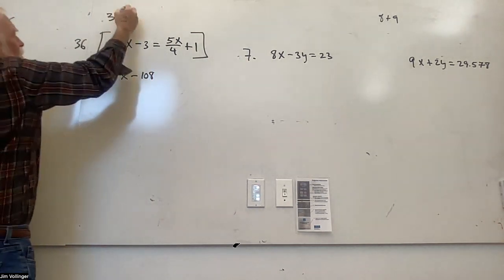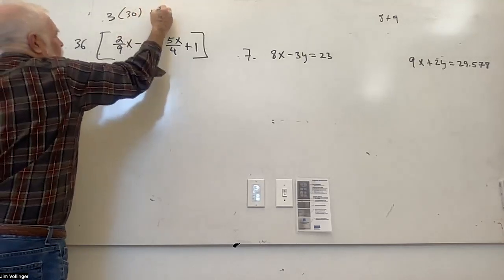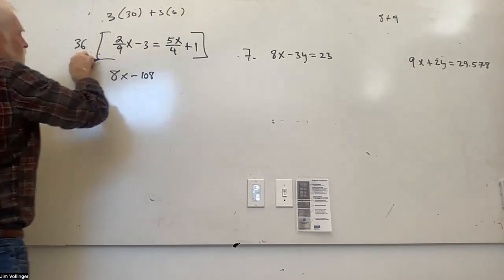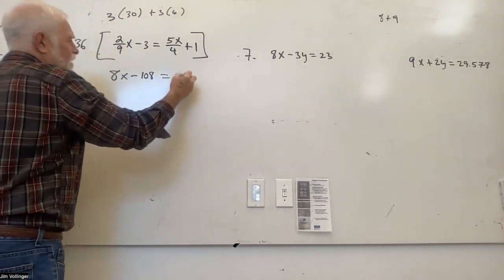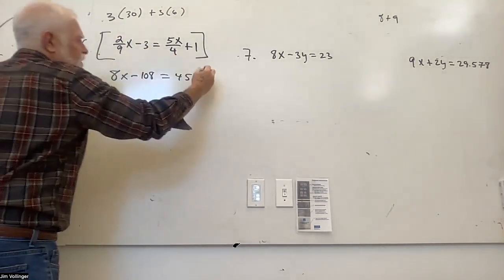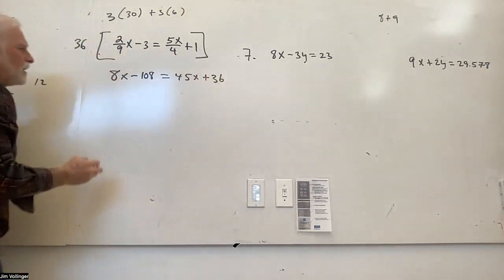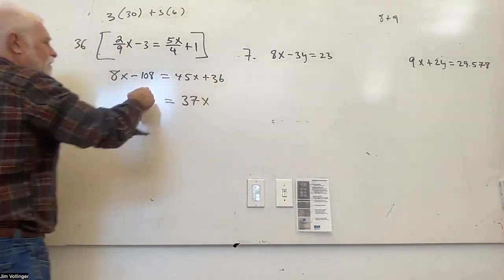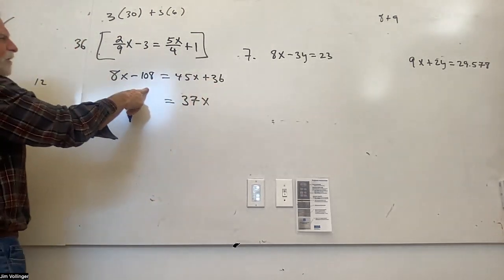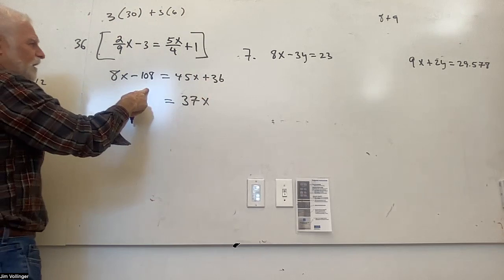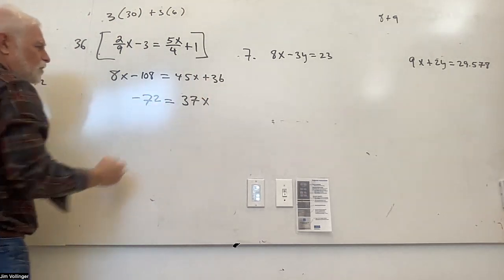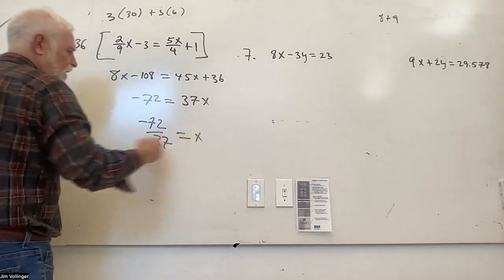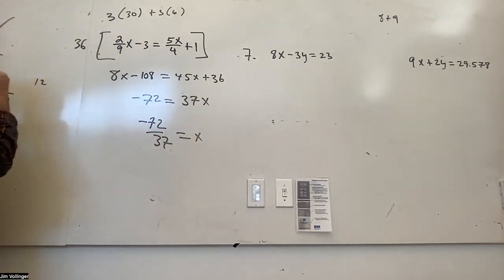So what you do is you do 3 times 30, and then you do 3 times 6, and you add them up, 90 and 18, 108. 4 goes into this 9 times, so 45x, and 36 times 1 is 36. Okay, so we're gonna bring the 8 to that side, and that's gonna be 37x. We're gonna take 36 away. Let's take 30 away first. 98, 88, 78, take 6 from there, it's -72. So -72 over 37, which is near -2. All right, so does that make sense?